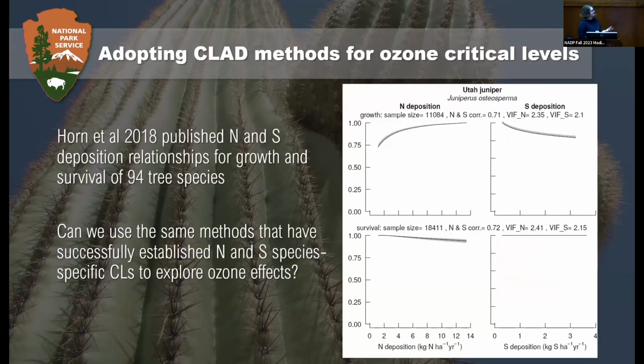The figures from the previous slide and the figures shown here are from a Horn et al. 2018 paper, which published nitrogen and sulfur deposition relationships for tree growth and tree survival from 94 tree species broadly distributed across the US. And so what this talk will attempt to answer is, can we use the same methods that have successfully established nitrogen and sulfur critical loads to establish ozone critical levels? Loads for deposition, levels for air concentration.